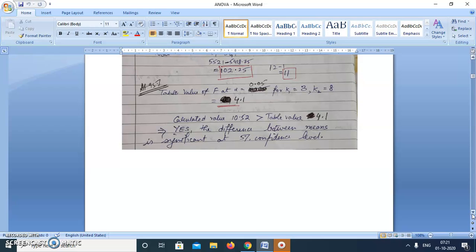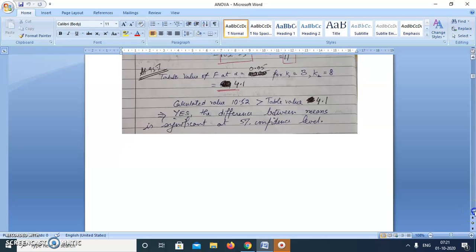Now if we need to identify between which 2 samples the difference is, suppose out of these 4, first and second sample have significant difference, and second and third don't have, or third and fourth don't have. So if we need to identify which 2 fabric samples have significant difference between them, we have to extend the process to finding the least significant difference.